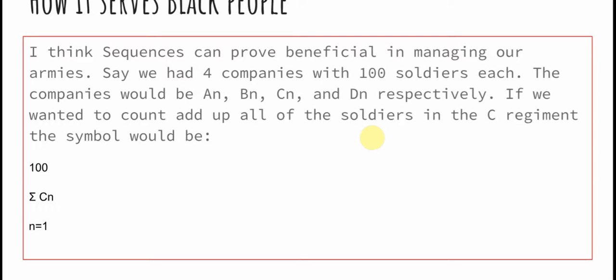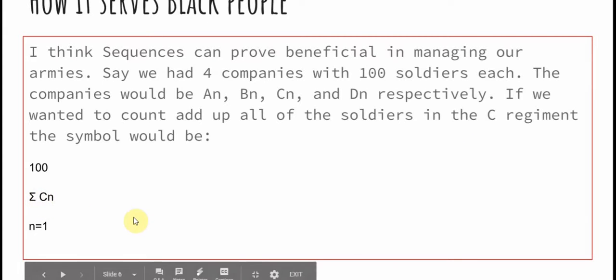Now, if we wanted to add up all the soldiers in the C regiment, the symbol for that would be 100 and then the Greek letter, and we're identifying the particular sequence because we're doing the C regiment, so it's going to be C_N, and N equals 1. So we're counting up all the soldiers in the C regiment.